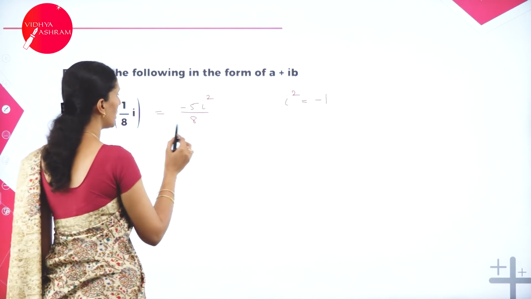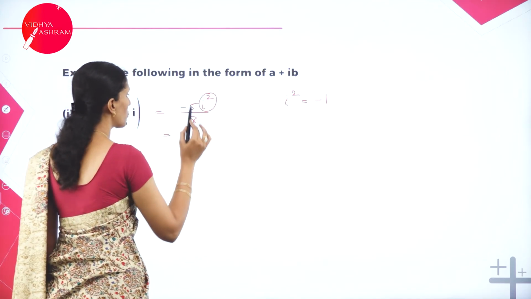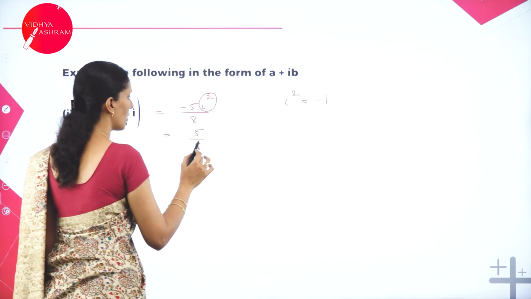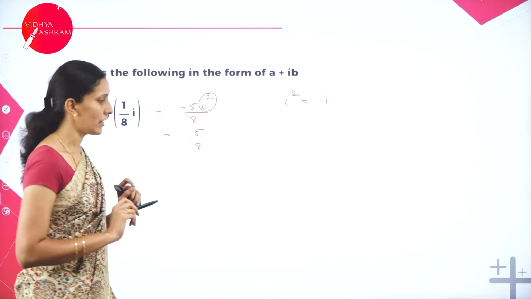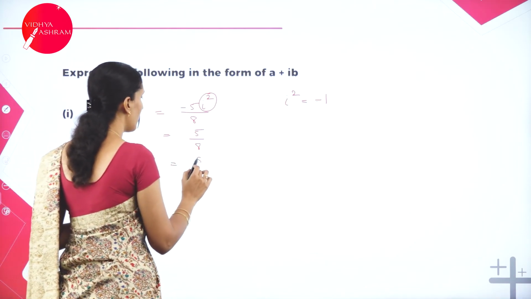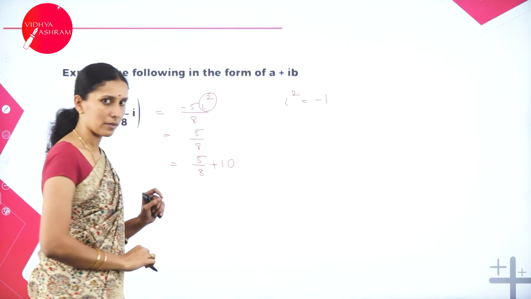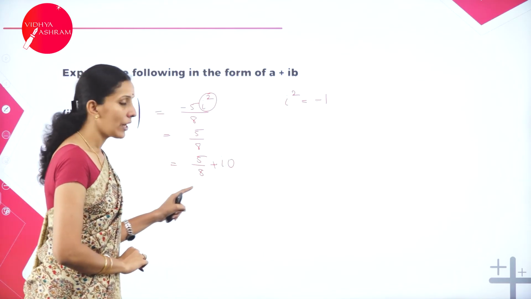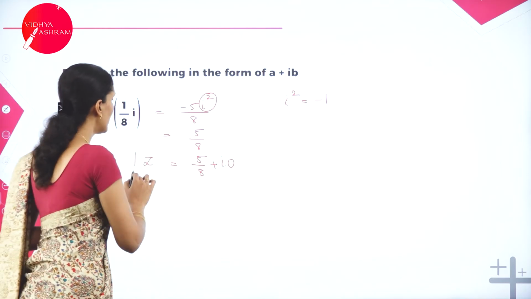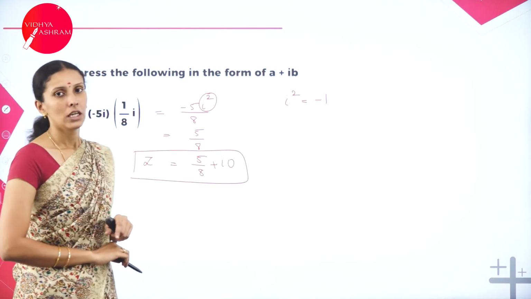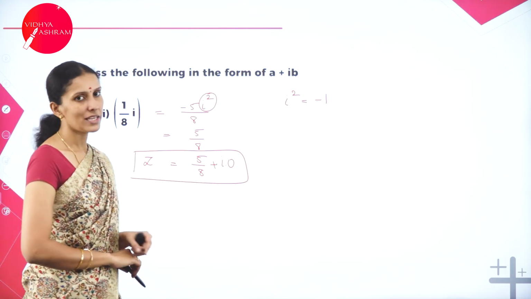So substitute here: if you put i square equal to minus 1, minus 1 into minus 5 is 5 by 8. Now you can clearly see you have only the real part. So that is 5 by 8 plus i into 0. You get only the real part when the imaginary part is 0. Therefore this has been expressed in the form of a plus ib, that is, a is 5 by 8, b is 0.